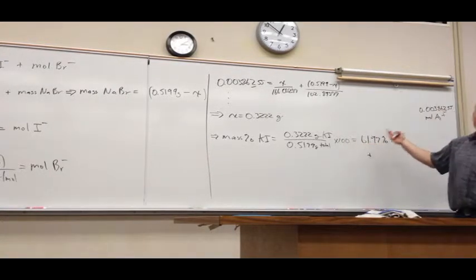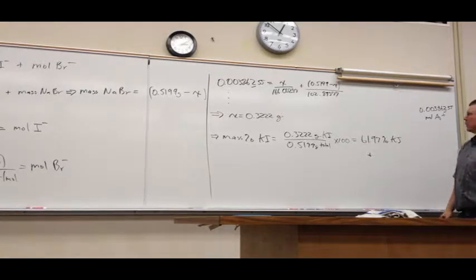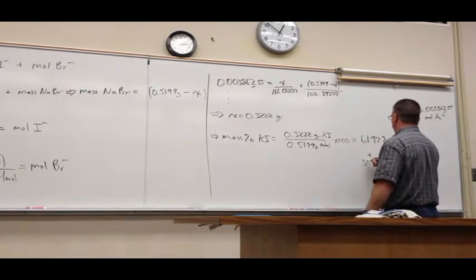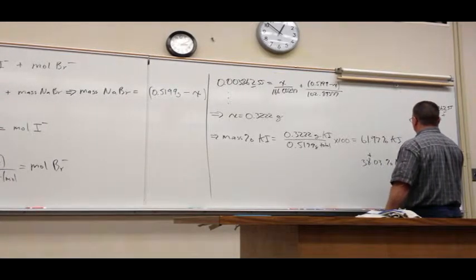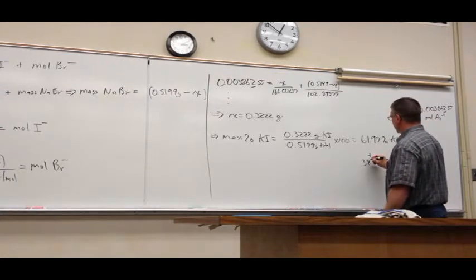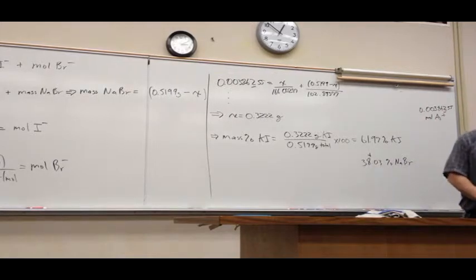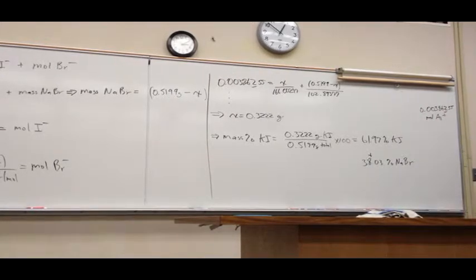So I get 61.97% potassium iodide, which means it's going to be 38.03 mass percent sodium bromide. So at least get that in your notes so when you run into that homework problem, you can look back and figure out what to do.